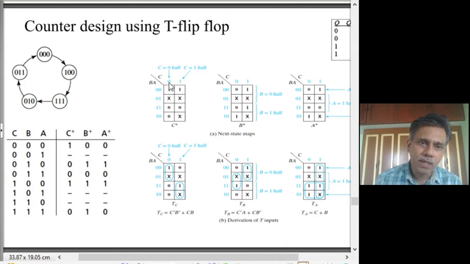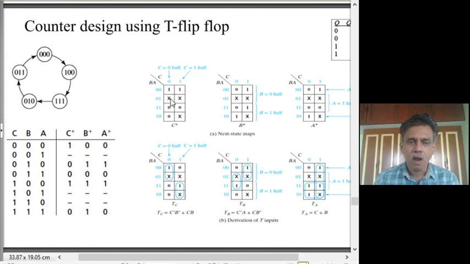Now look at the C is equal to 0 half. In this column we have denoted the value of C plus in each of the squares. It can be 1, it can be 0 or it can be X.